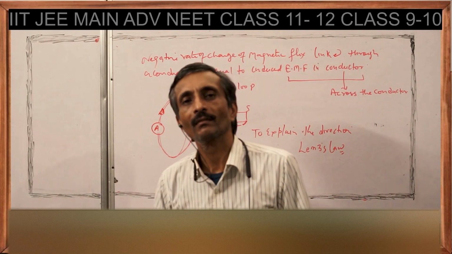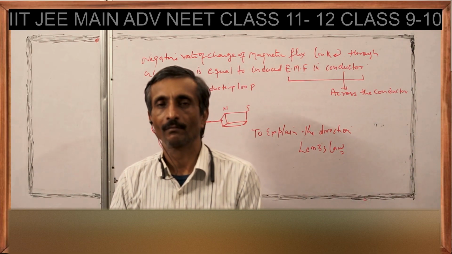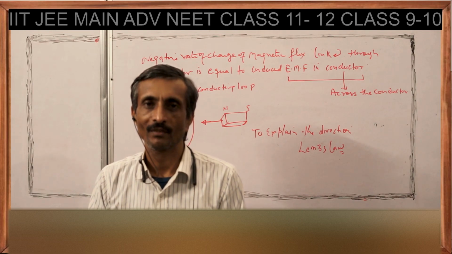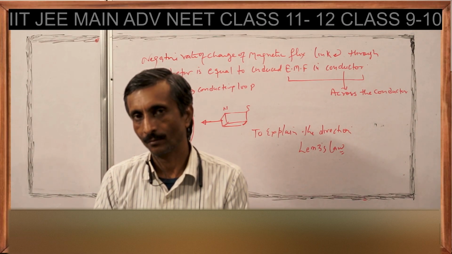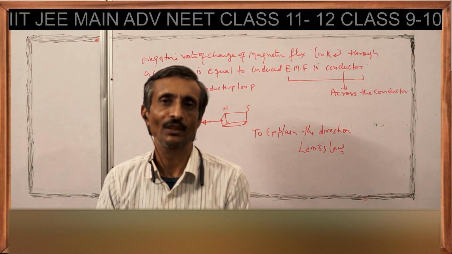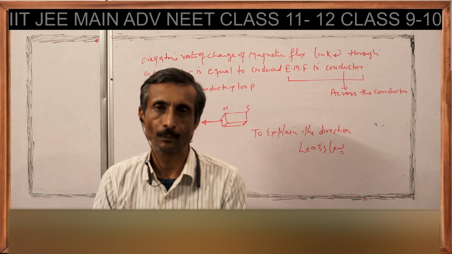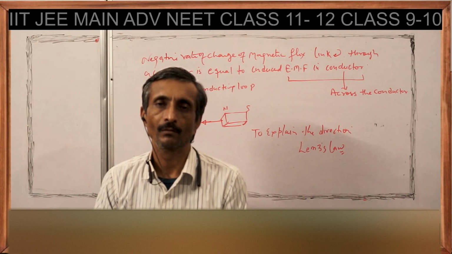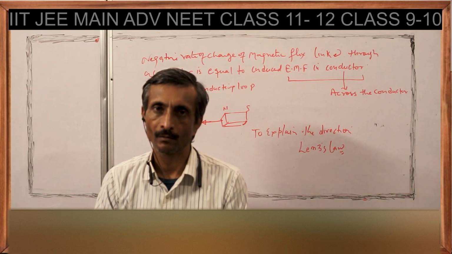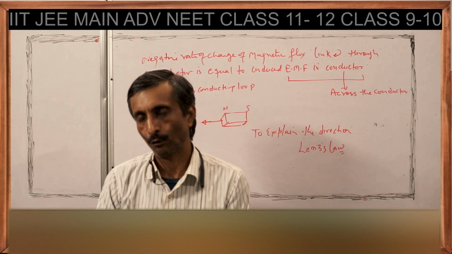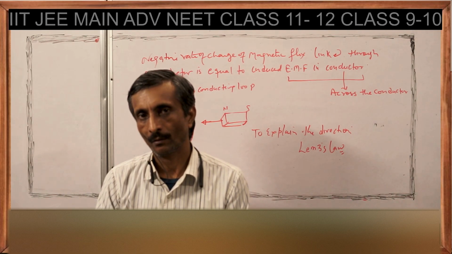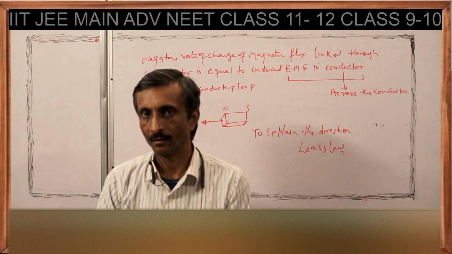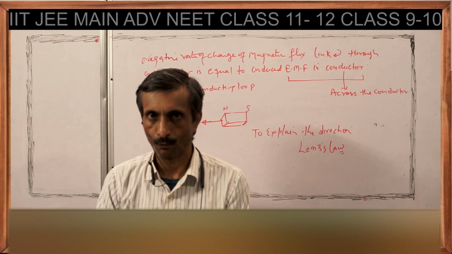Because when magnetic flux passes through any conductor or closed loop, the conducting electrons inside the conductor experience the Lorentz force and move in a particular direction according to the force.